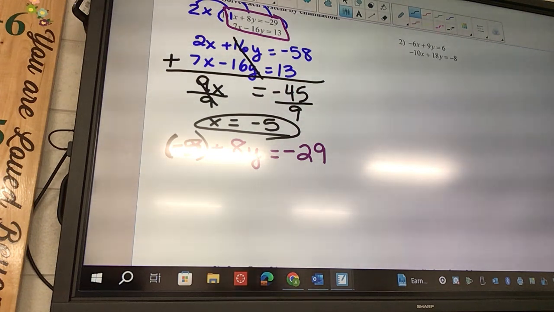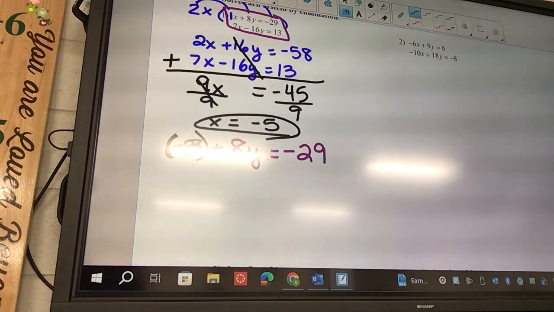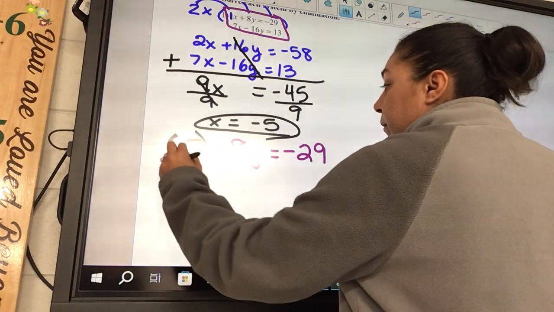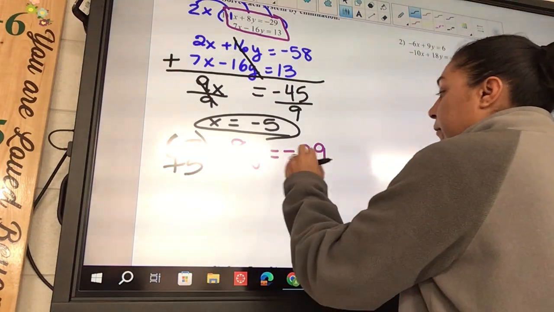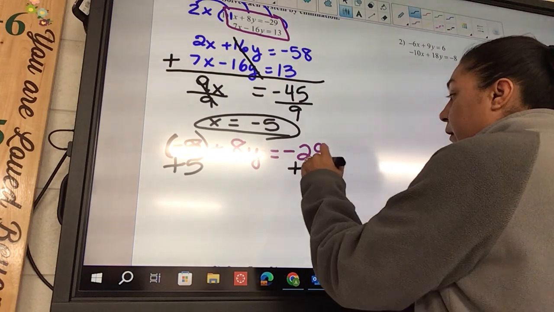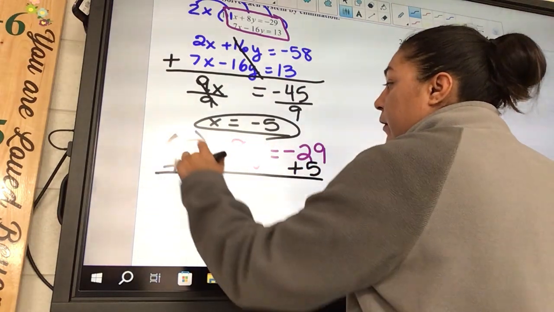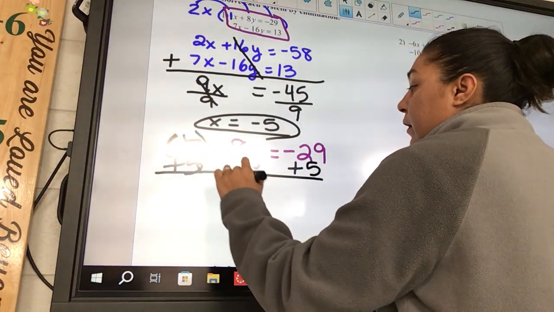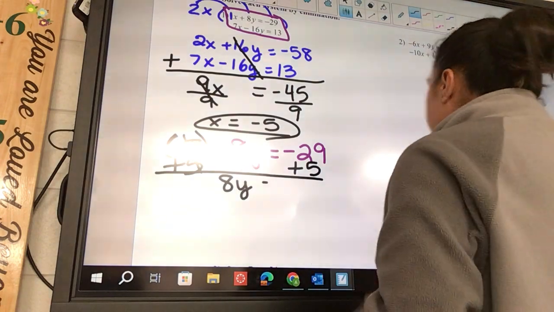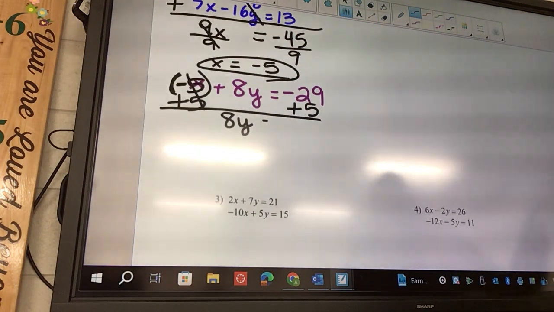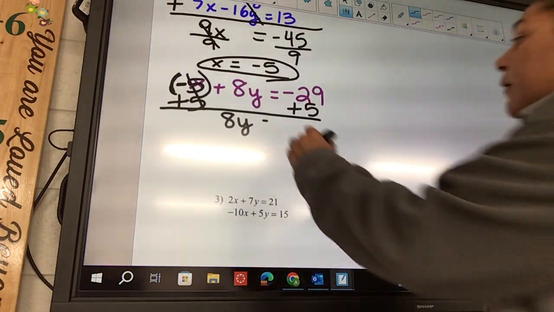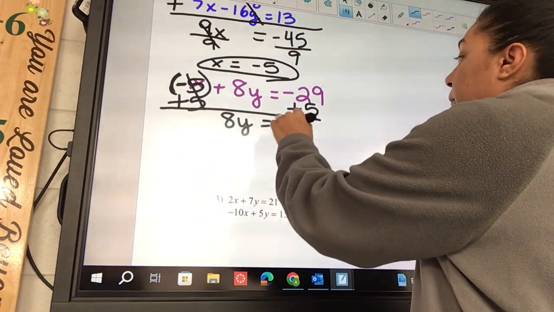Okay, and if we're looking at this, what needs moved first? The 5. Okay, so we're going to add 5 to both sides. What is negative 29 plus 5? Negative 24.